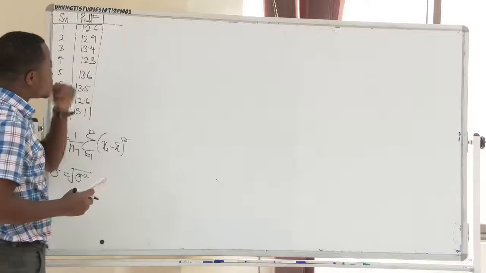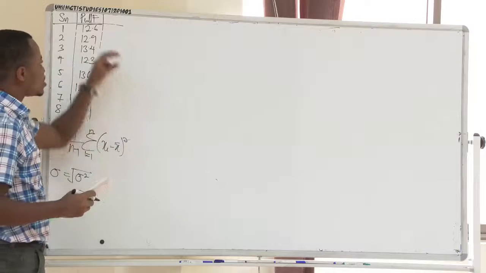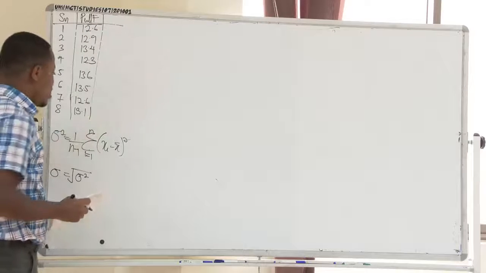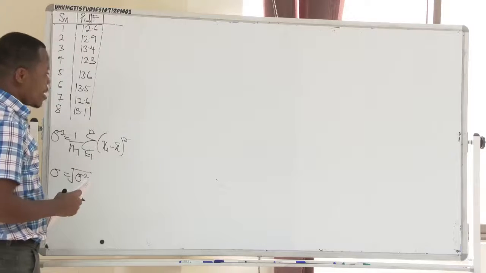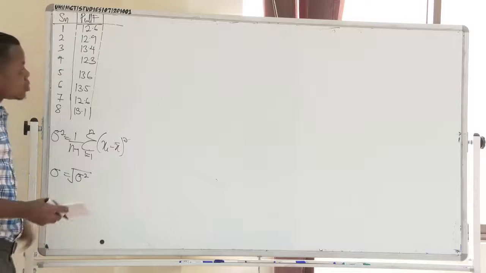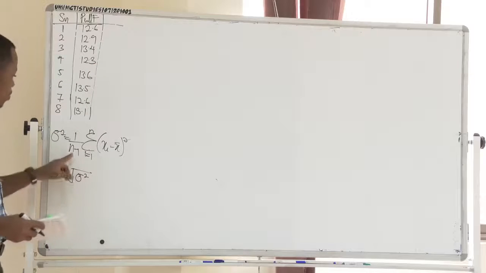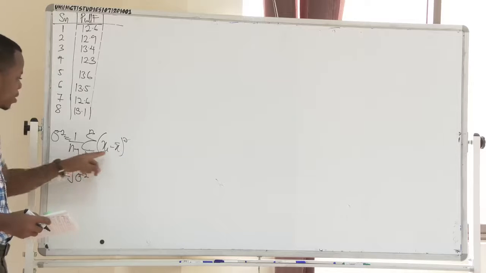You could have solved this the way we solved it earlier, that is, take the first observation minus the mean, but it looks more appealing once you solve it in a table.